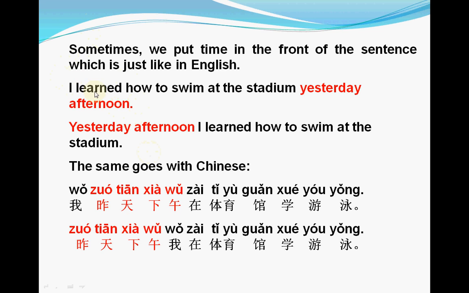For example, translate this English one into Chinese: 我昨天下午在体育馆学游泳. Then we can also say 昨天下午我在体育馆学游泳. Okay, I have to say that only when can be placed in the front of the sentence, but where and how cannot. Okay, please remember this special situation.